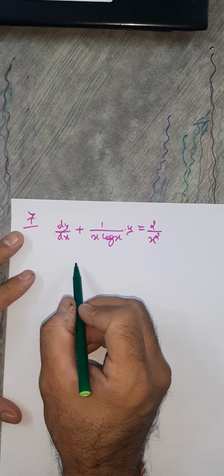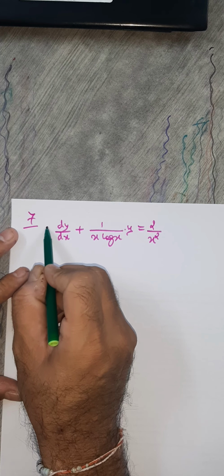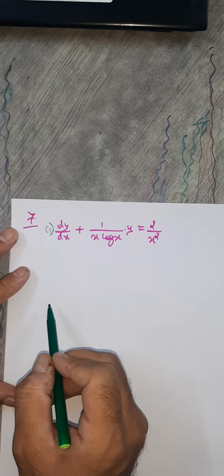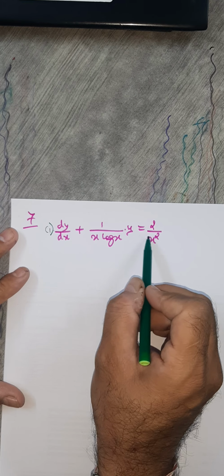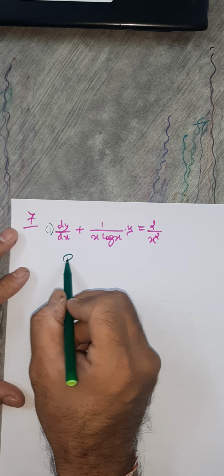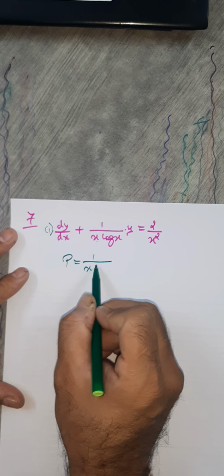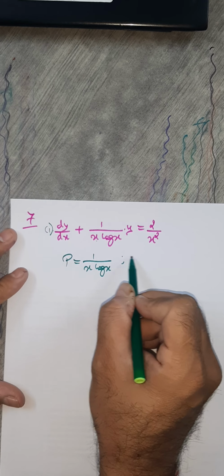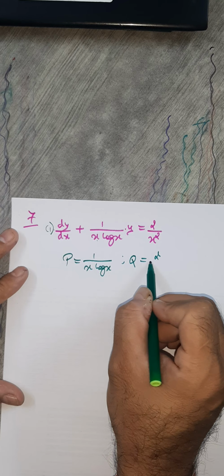Just check it out. Q will be this. Dividing by which expression? x log x, because the coefficient of dy by dx should always be 1, remember. Here x will get cancelled and x by x gives us x squared. So what is p? 1 upon x into log x. What is q? 2 by x squared.